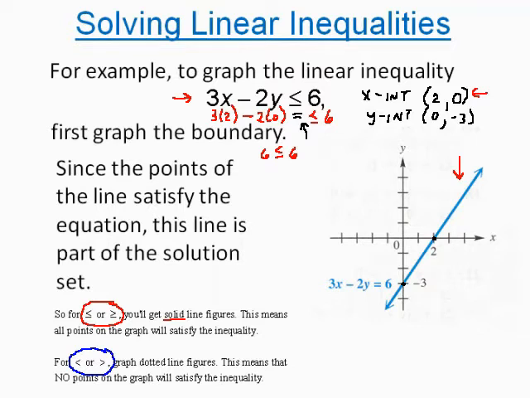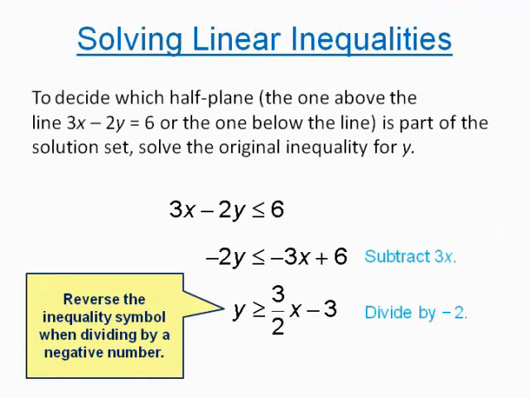For example, if we have 3x minus 2y is less than 6, and it didn't have the equal in there, when we checked one of our points, we would get a false statement, 6 is less than 6, which is false, so we would have to use dotted line figures. That just means that those points on the line would not be included. You're going to see that as we do some more examples here. We always do tons of examples.